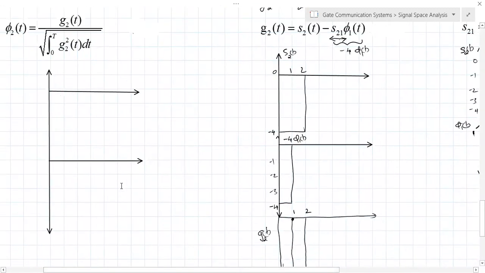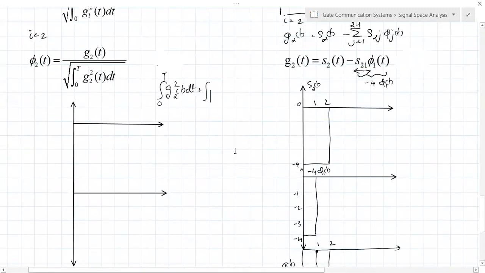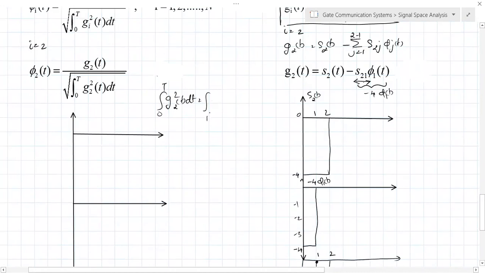So we can substitute this G2 of t in phi 2 of t. In order to calculate phi 2 of t, you need to divide by the root of its energy. So if we calculate the energy of G2 of t, we can calculate the integral from 0 to 2 of G2 of t the whole square dt. We know that it exists only from 1 to 2, so from 1 to 2, the amplitude is minus 4, so minus 4 the whole square dt.